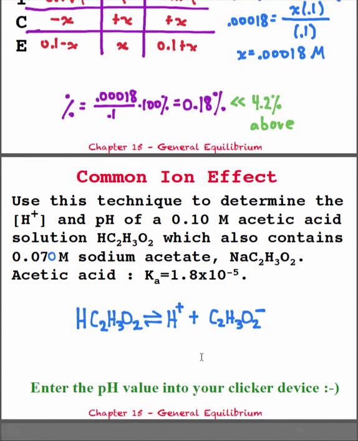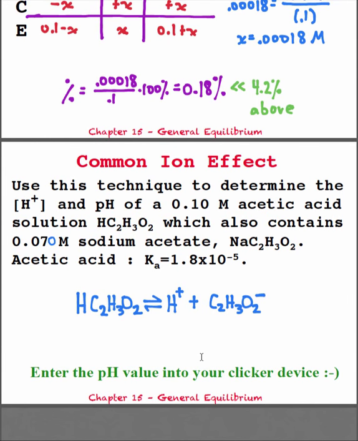Interesting. You could pause this one here and try it yourself. Here's acetic acid and the acetate ion. What if I was 0.1 molar in acetic acid and 0.07 molar in acetate? What would be the pH?